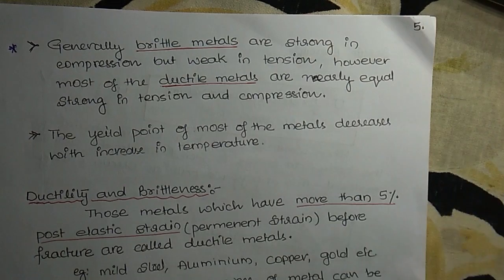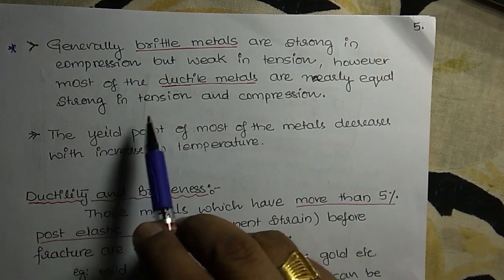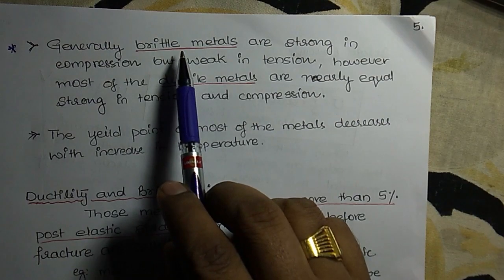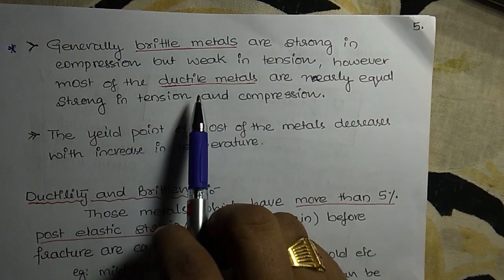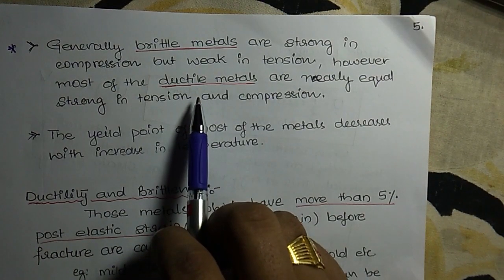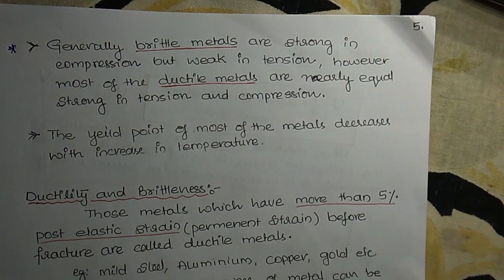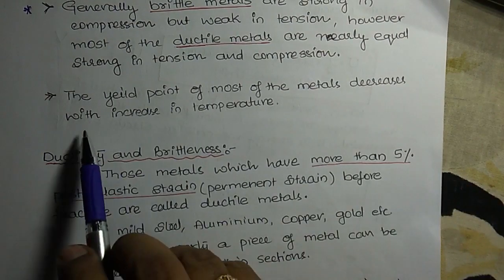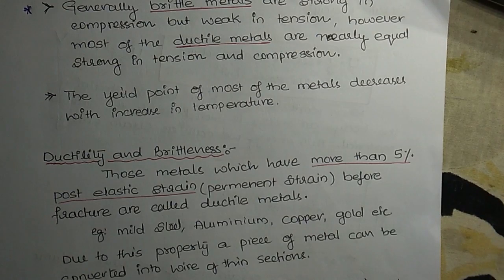However, most ductile metals are nearly equally strong in tension and compression. Brittle metals are, for example, glass and cast iron, whereas ductile metals are mild steel, gold, silver, etc. The yield point of most metals decreases with increase in temperature. These are some of the points you should note.